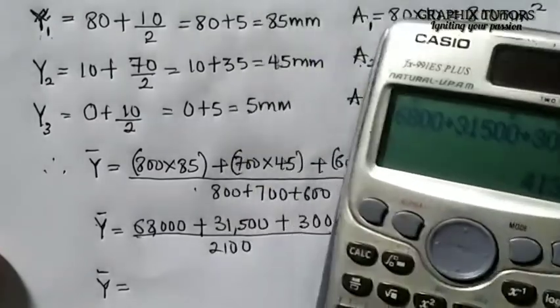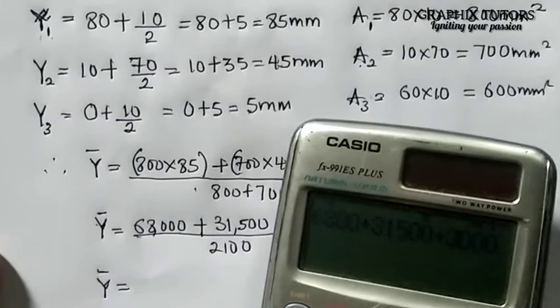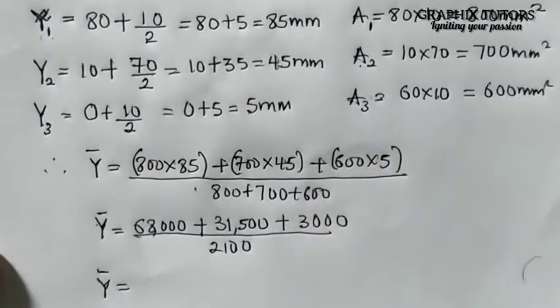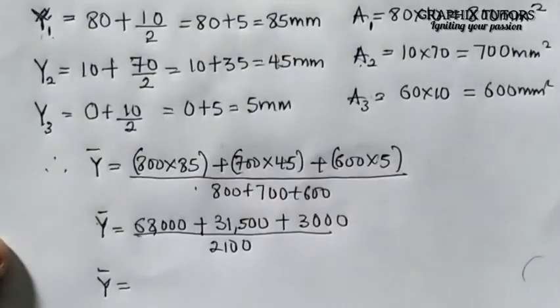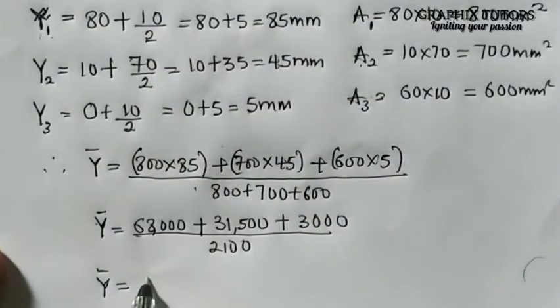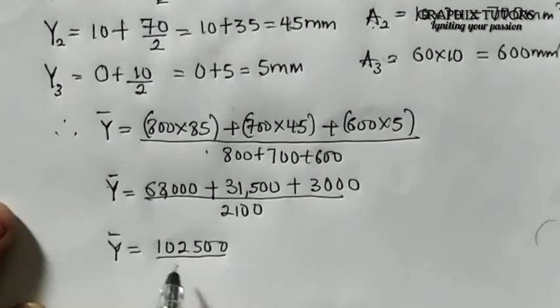Guys, 68,000 here. That will be 102,500. So we have 102,500 divided by 2,100.